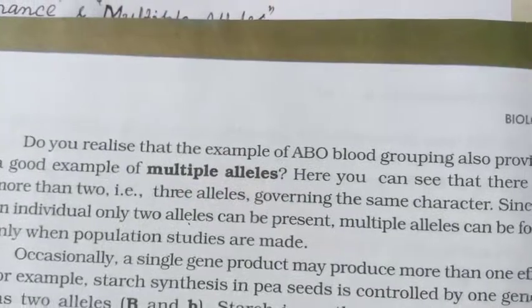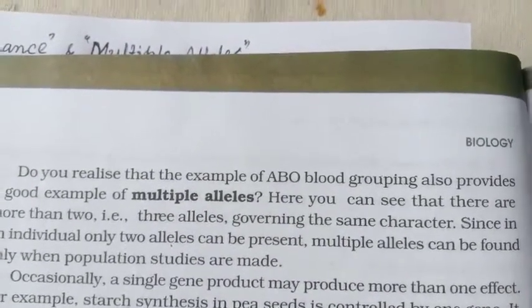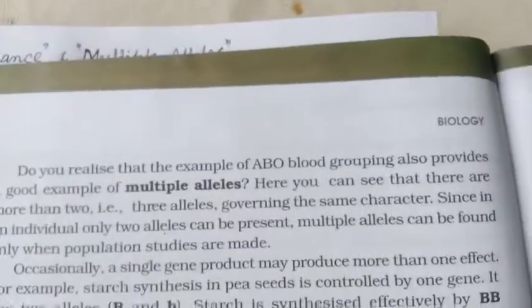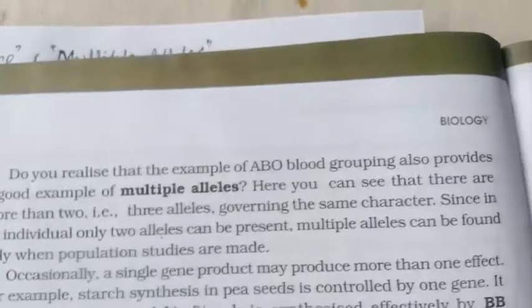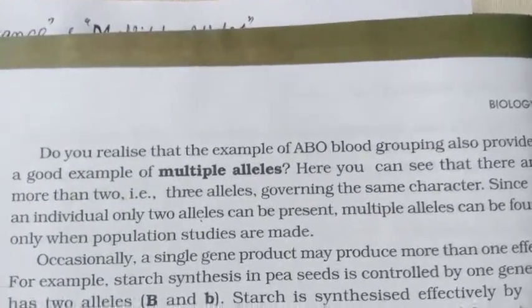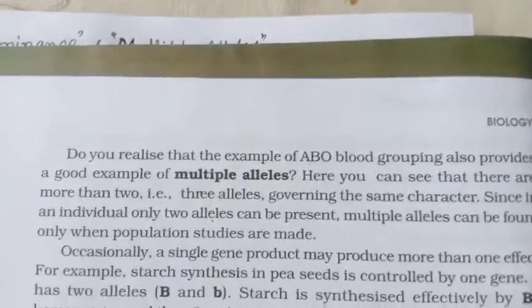Since in an individual only 2 alleles can be present, multiple alleles can be found only when population studies are made. That is, when we study the blood groups of different people in a population, we can have the clarification of this multiple allelism.